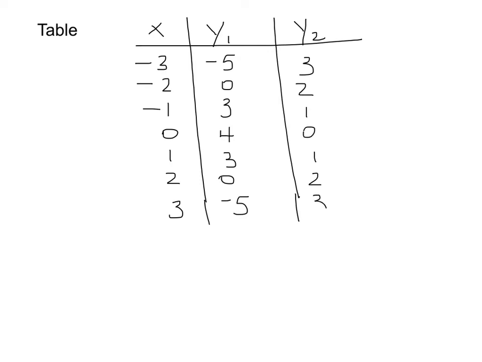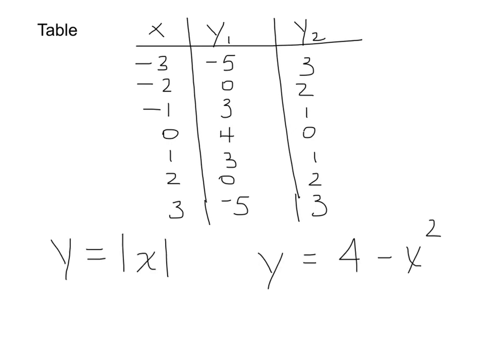Like this. And so what this means is your x coordinates are in the first column. You have 2 different y coordinates, which means there are 2 different equations. Okay? And so they're going to ask you questions about your table, so you have to make sure that you look at the table to determine or to answer the questions.